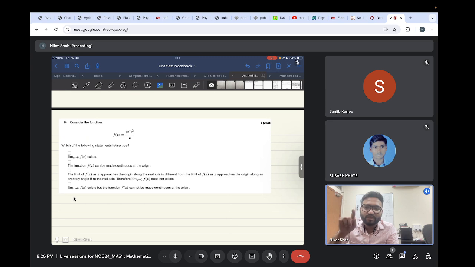But at z equal to 0 exactly, because the numerator has z, the function is blowing up. But the question is, can we make it continuous at the origin or not? If the limit along all directions approaches the same value, then you can manually make it continuous by defining the value at z equal to 0 to be that value of the limit. Do you understand this statement?